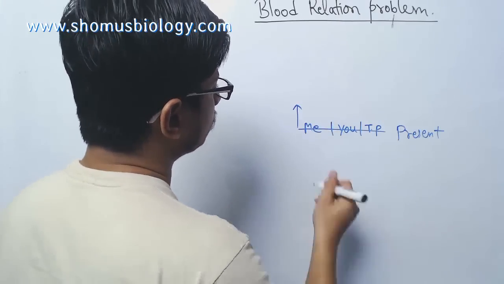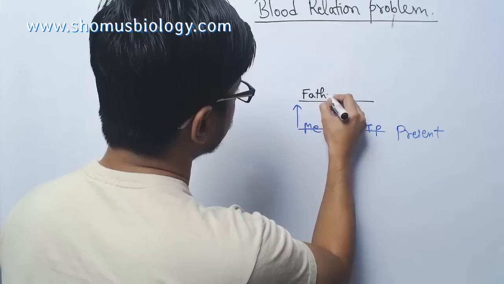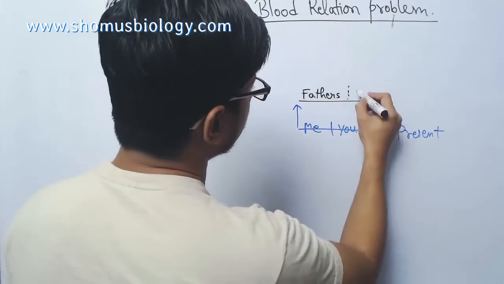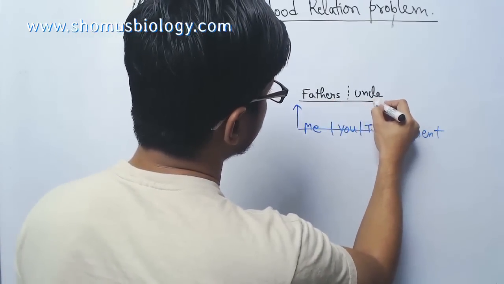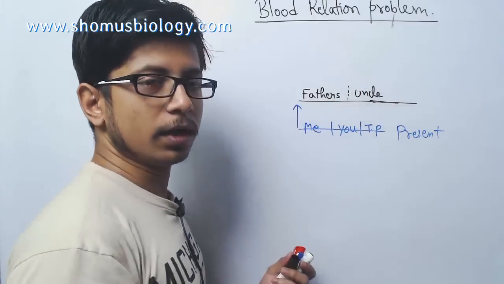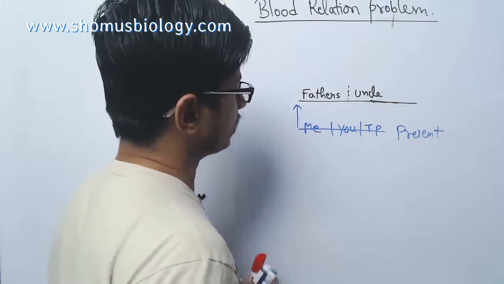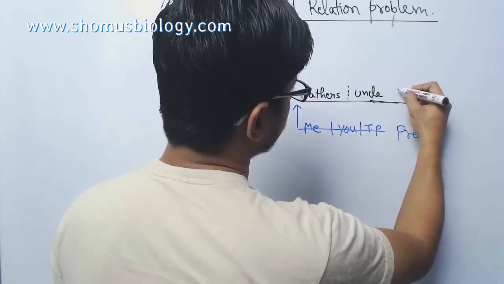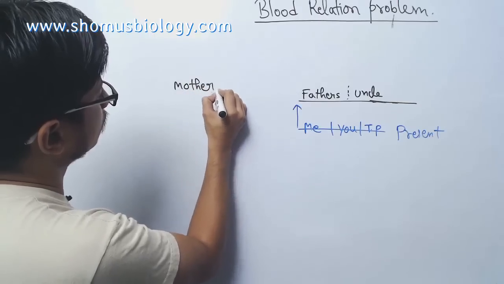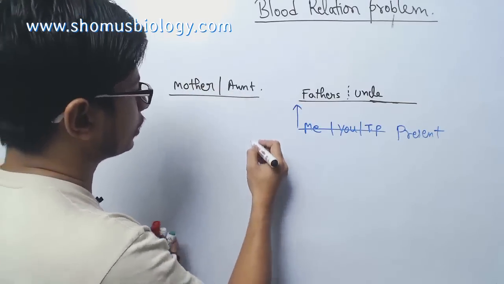One generation up we get the generation of fathers. Similarly, if we look at males, there will be father and uncle, because they are the same generation. And from the female perspective, we also have mother. Here on this side let me write mother and aunt. Okay, one generation up.